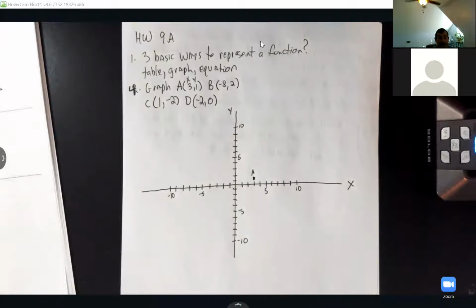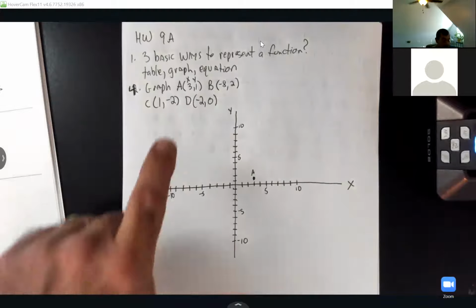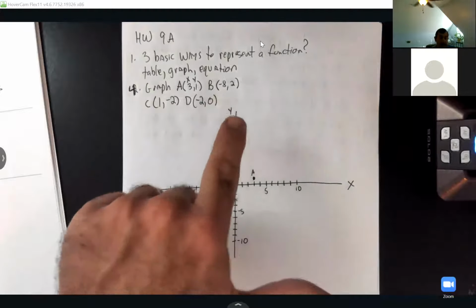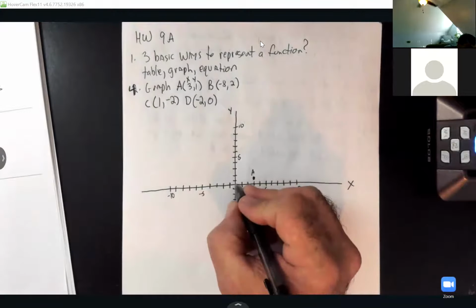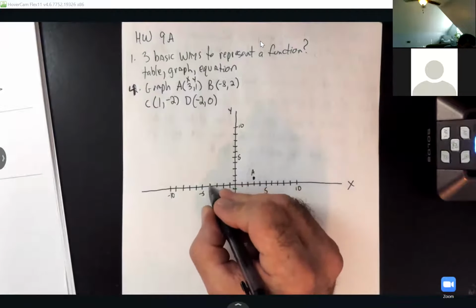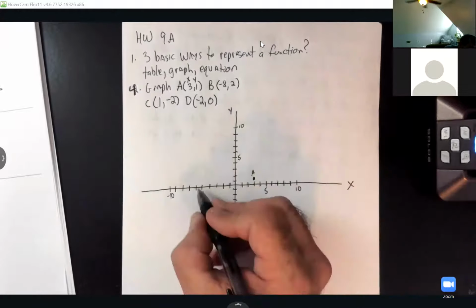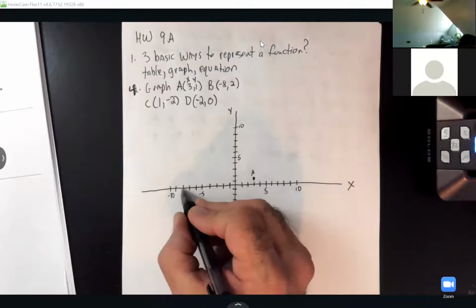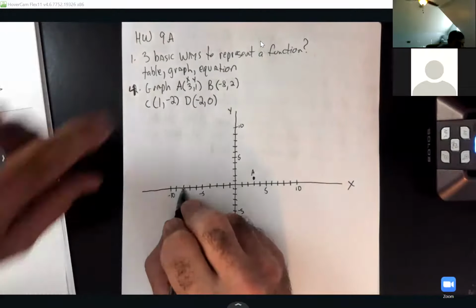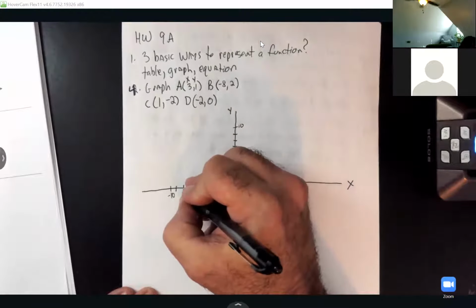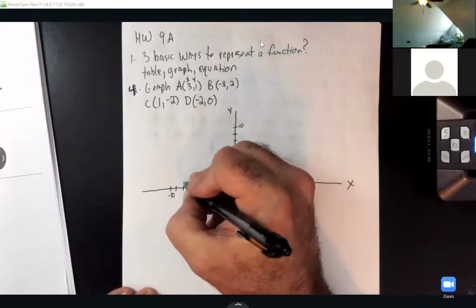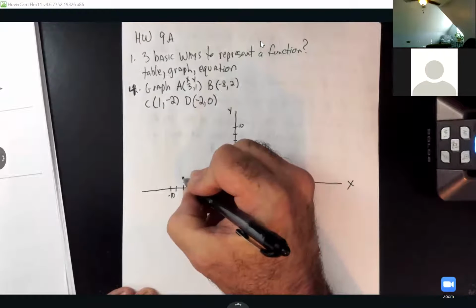So hopefully this is just bringing back memories for y'all. So this point was -8, 2 for my B. So since the X value is -8, I move left until I get on -8. So there's -5, -6, -7. So there's -8. The Y value is 2. So from that -8 on the X axis, I go up 2 and then I stop.